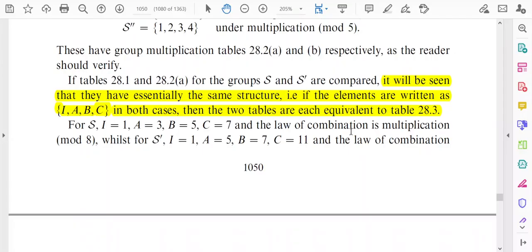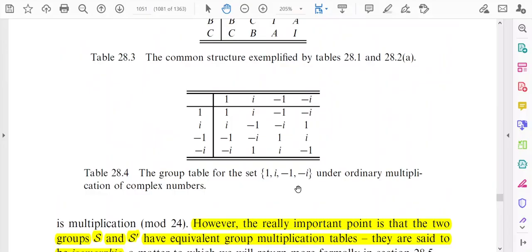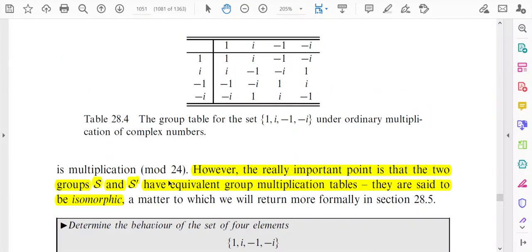For example, for the first group S, that means 1, 3, 5 and 7, we are writing I is equal to 1, A is equal to 3, B is equal to 5 and C is equal to 7. And the law of combination for the group S is the multiplication mod 8. Whereas for the group S prime, we are writing I is equal to 1, A is equal to 5, B is equal to 7 and C is equal to 11, and the law of combination is the multiplication mod 24.